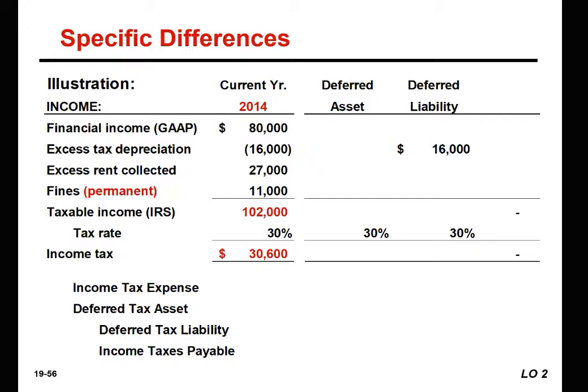The excess rent collected, we've collected the rent, but we haven't recognized it as income, gives rise to the benefit in future years of $27,000 that will be deductible from our financial statements to determine our taxable income. And then the permanent fines don't impact a future period. They impact only this period. So we do not recognize them any further.